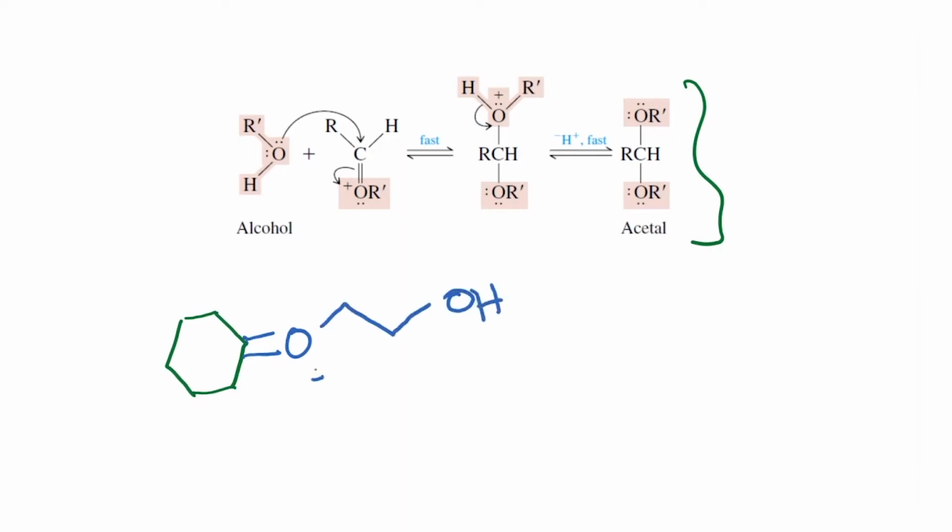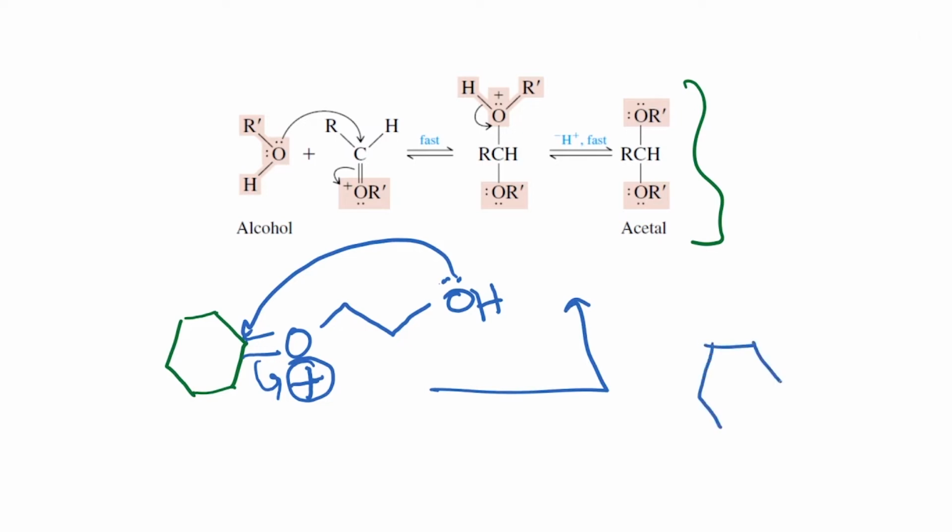So this is going to be your intermediate that is formed with cyclohexanone and ethylene glycol. The remaining steps are the same. So this attacks, it's an intramolecular attack, and eventually it gives you the product, which is this.